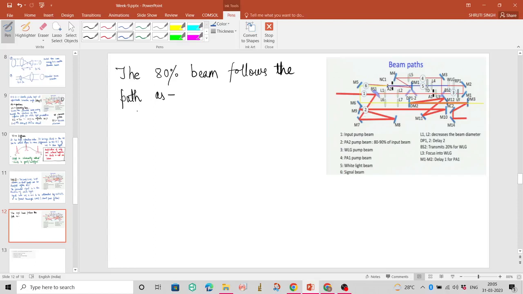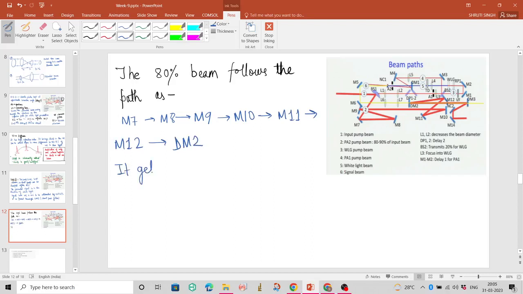After BS1, it hits M7, M8, then goes in here to M9, then goes straight to M10, then M11, then M12, and after that it hits the dichroic mirror 2. And from here it gets collimated and gets collinear with the signal.